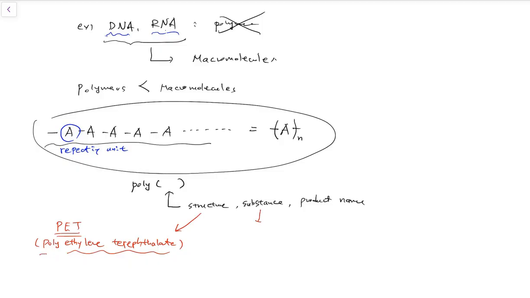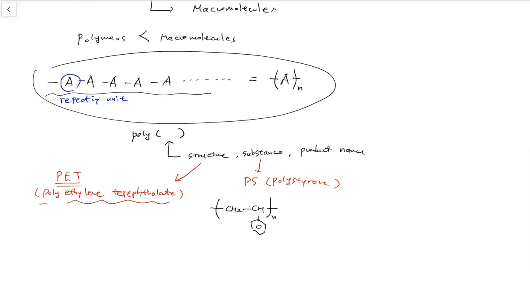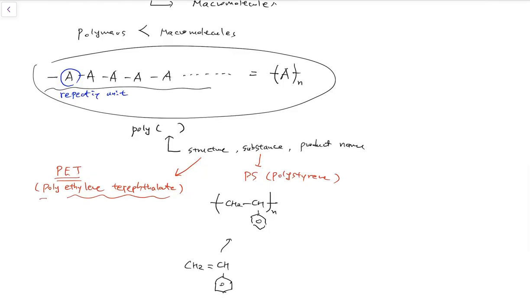For another substance, for example, PS or polystyrene, which basically looks like this. This polystyrene is made from this, the basic unit, which we call the monomer. We'll get back to that point later.